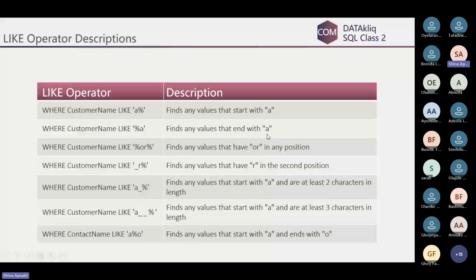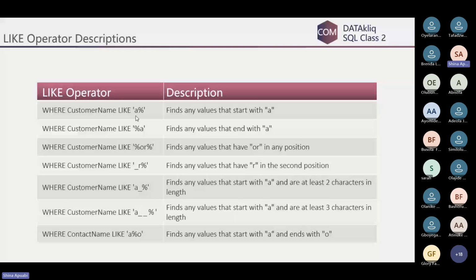For example, if I'm searching countries and I'm entering country name like A percent, I'll not be surprised if Australia pops up, if Austria pops up, if Argentina pops up, if Angola pops up, or maybe I now replace it with Z. Then I will be expected to be seeing Zimbabwe, Zambia, you know, to just come up.